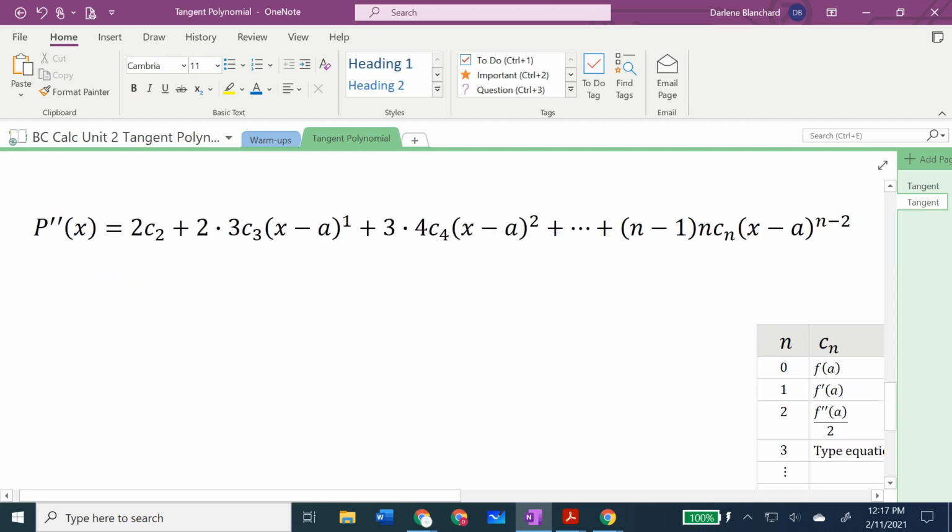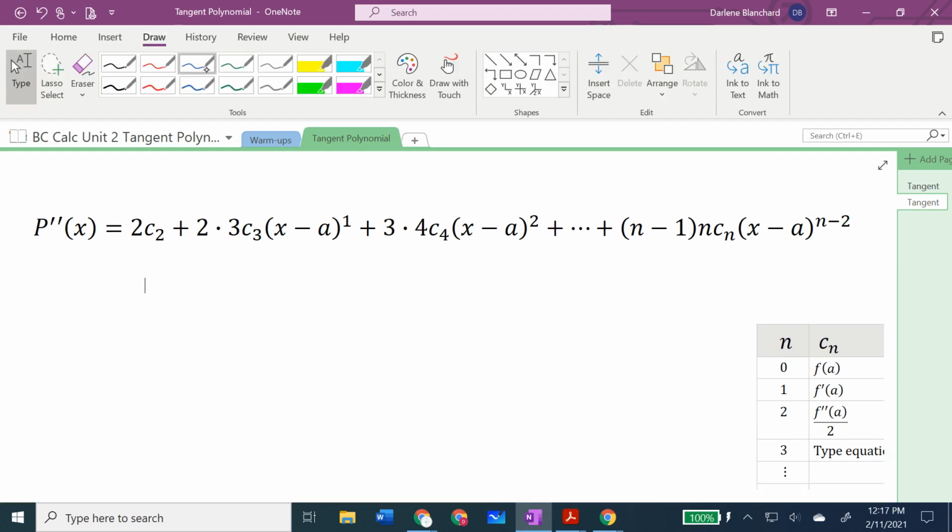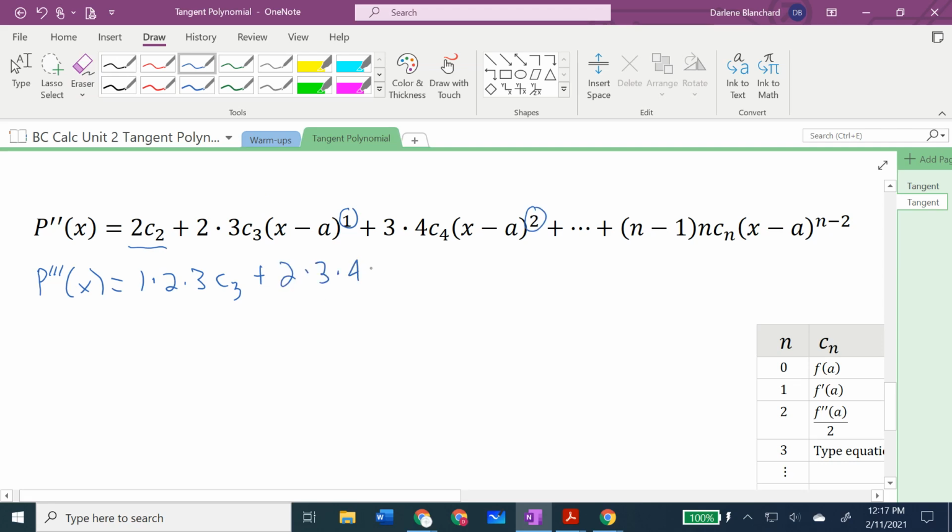And we'll take the derivative from the typed version. So, third derivative. Like a conveyor belt, this moves off the edge into nothingness. And now I have 1 times 2 times 3 times c sub 3, x minus a to the 0 power. Don't need to write that times 1. And then I continue plus 2 times 3 times 4 times c sub 4, x minus a to the, bring it down 1.